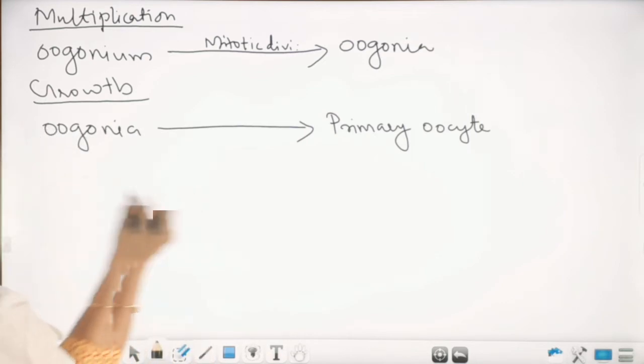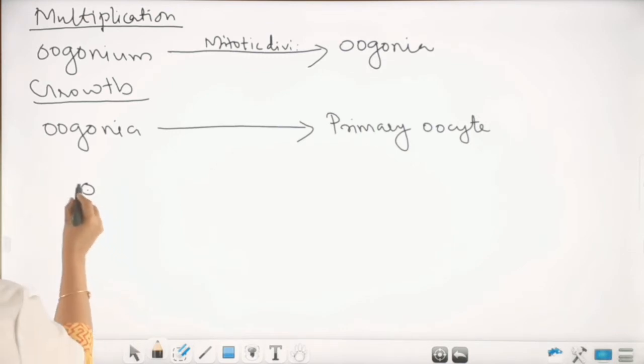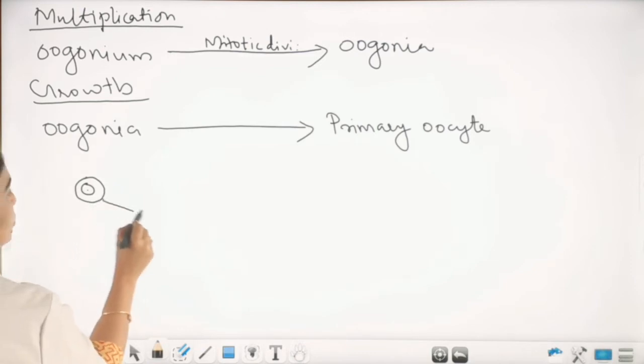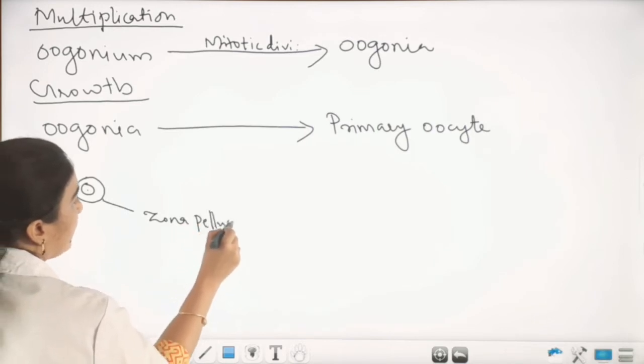First, the primary oocyte. This primary oocyte gets covered by a layer, and this layer is known as the zona pellucida.